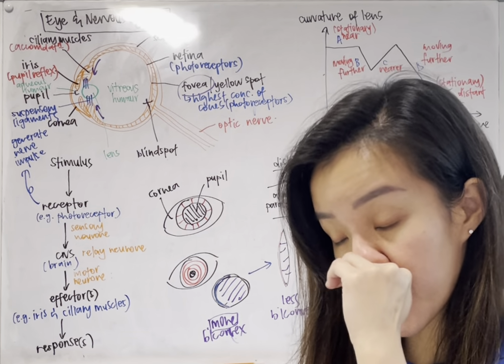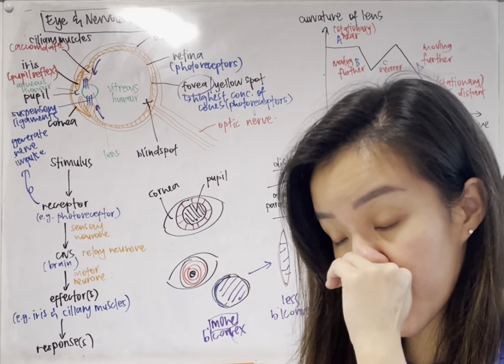When it's thicker, it refracts more light. So the old man is stationary and further away from his wristwatch. Hence, the lens is thinnest to refract less light onto the fovea. Less light onto the fovea, my bad. Thinnest, okay, to refract less light onto the fovea.